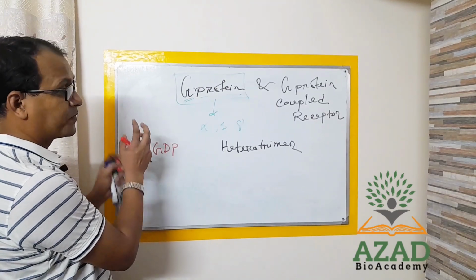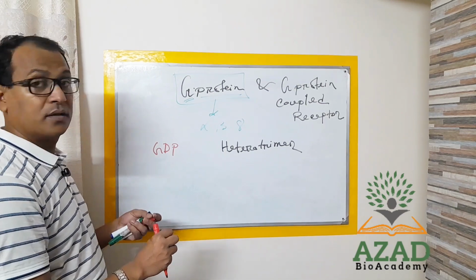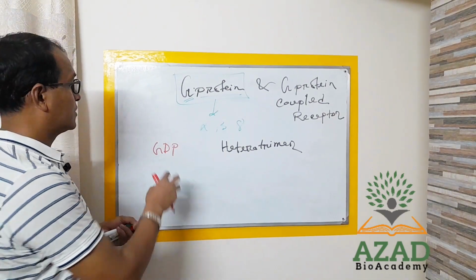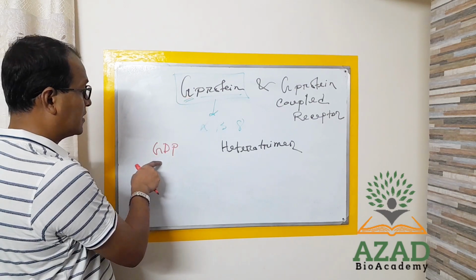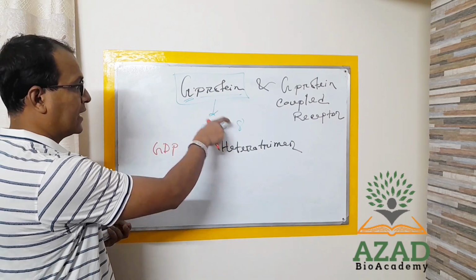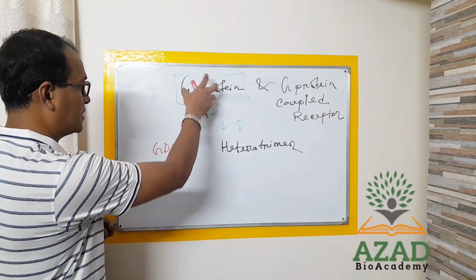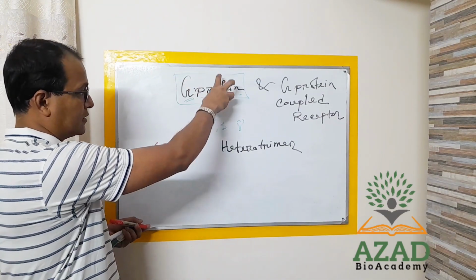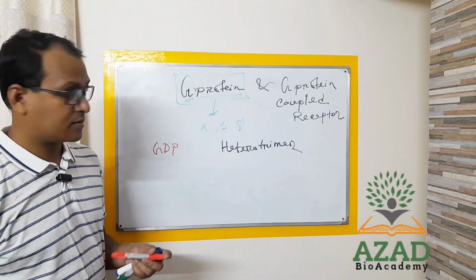So from the base guanine, the G comes. G is for guanosine, and initially the guanosine diphosphate is attached to a heterotrimer protein. So the overall assembly is G protein. G for guanine, and the protein is made up of three different subunits.